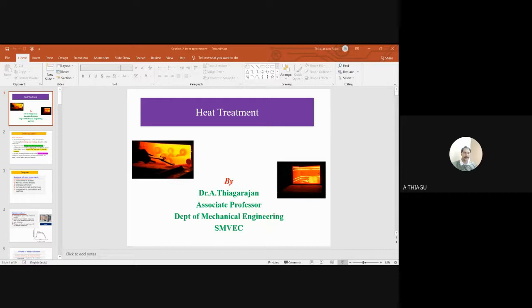Is it right? So the low carbon steel should be heated at 900 to 950 degrees in a furnace for 6 hours. So we fix 900 to 950 degrees, and for a duration of 6 hours we heat in the furnace. Okay, I will show the picture.